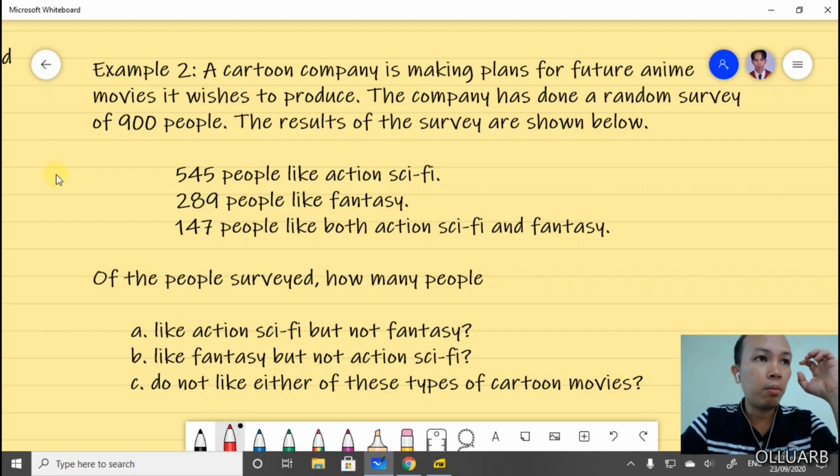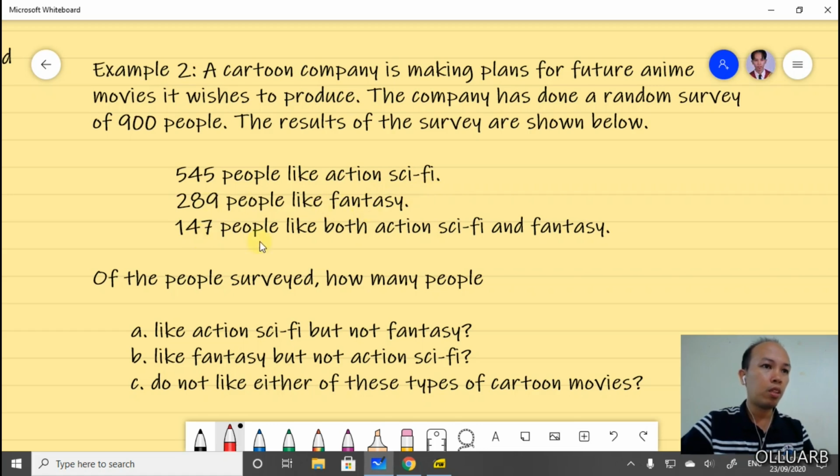Okay, so be careful. I purposely put this example number 2 to have an idea on how to solve a word problem. Okay, so there are 545 people like action sci-fi, 289 like fantasy, 147 people like both action sci-fi and fantasy.